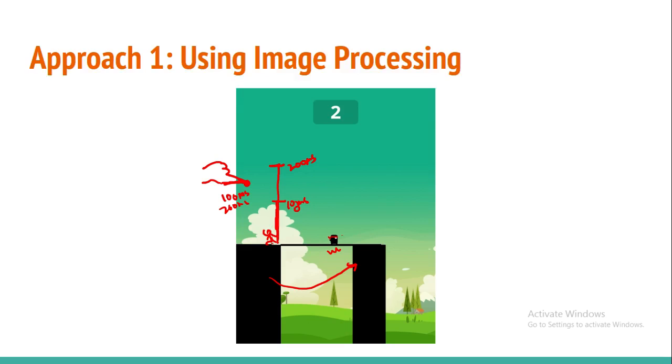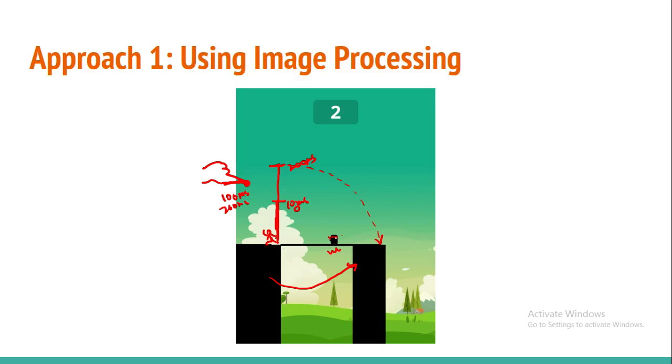So the goal of this game is to press the screen for the correct amount of time, such that once the rod gets constructed, once it falls, it has to fall onto the next pillar.